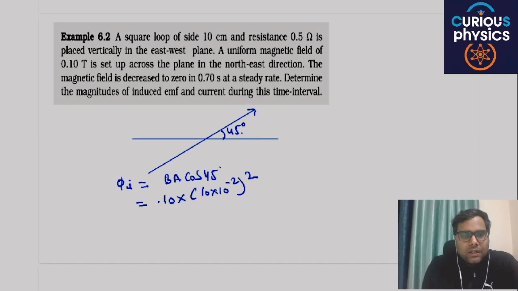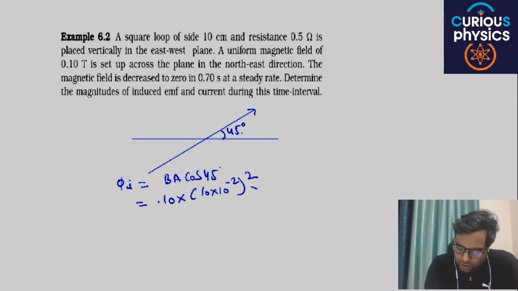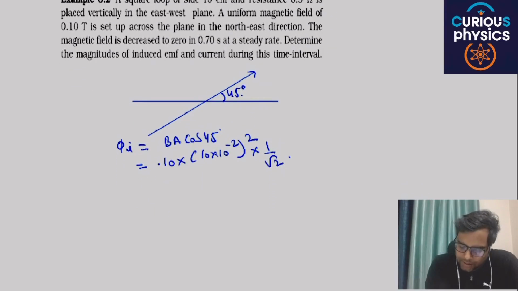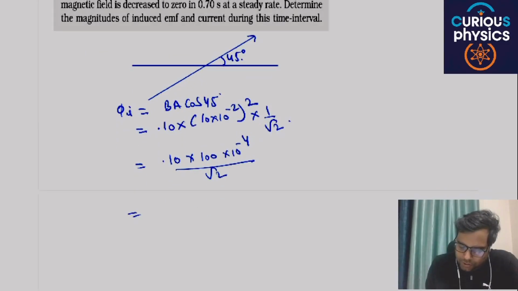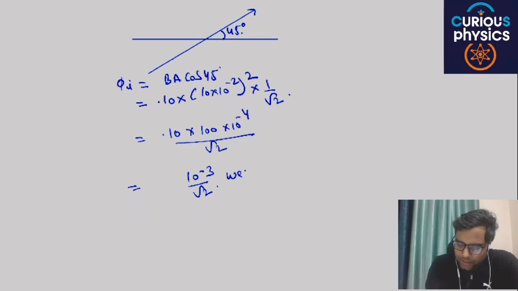I have just converted centimeter into meter, and this is A, and cos 45 is 1 by root 2. Then the value will be 0.10 into 100 into 10 raised to power minus 4 divided by root 2, and the value will be 10 raised to power minus 3 divided by root 2. This will be the value of the initial magnetic flux.